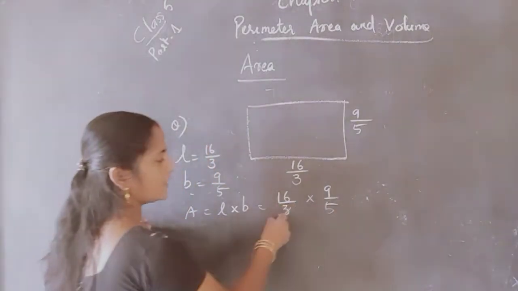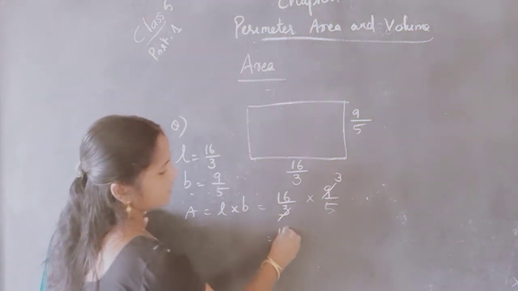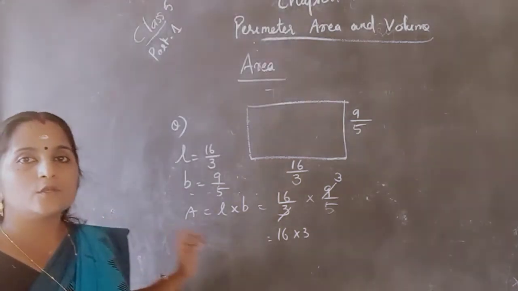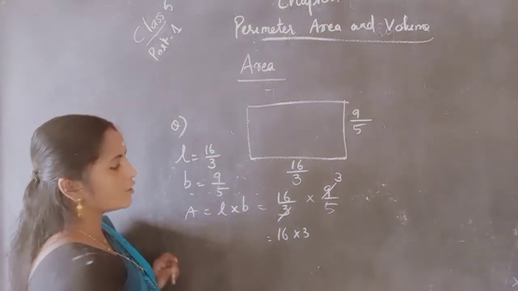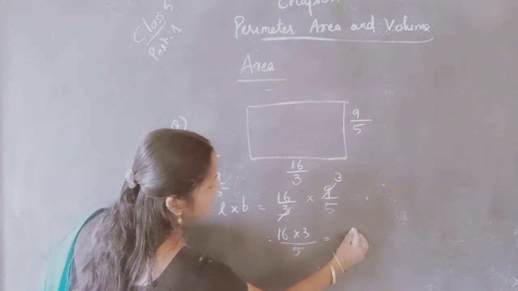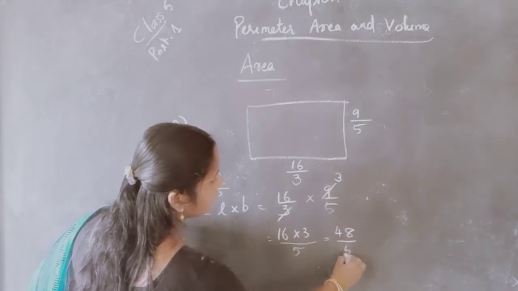Here we can cancel this 3 and 9, 3 3s are 9. Then 16 into 3, there are no common factors in both numerator and denominator. So we stop here, multiply the numerators and write the denominator. 6 3s are 18, then 48 by 5.